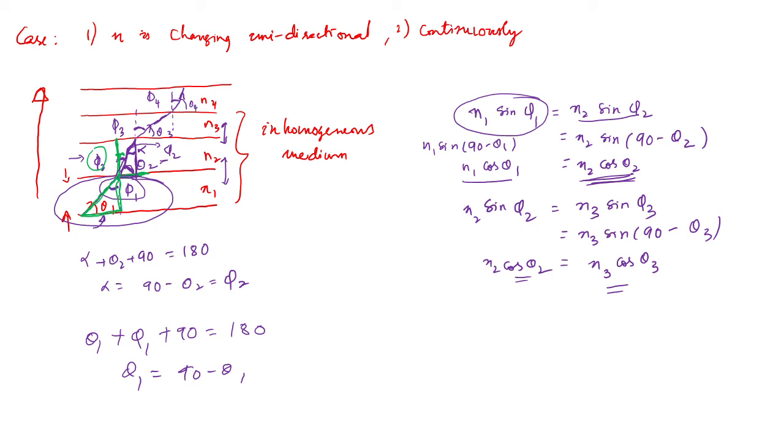Here we considered 4 different layers, n1 to n4, and we started with a ray of light beginning from n1 at an angle theta 1, incident on the interface between n1 and n2 at an angle phi 1. We showed that n1 cosine theta 1 is equal to n2 cosine theta 2 is equal to n3 cosine theta 3, and so on and so forth.